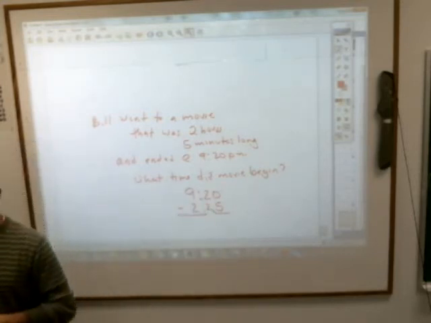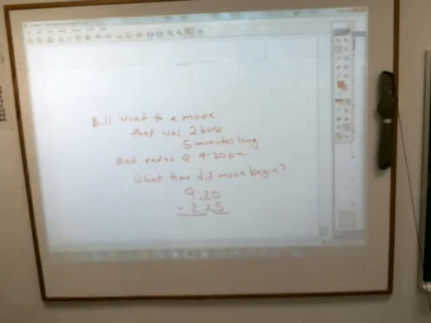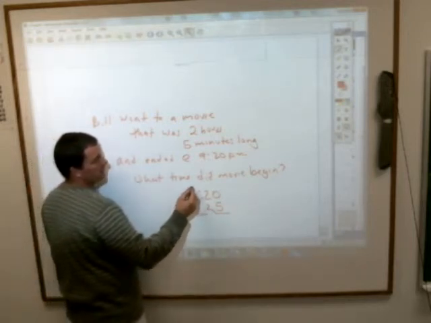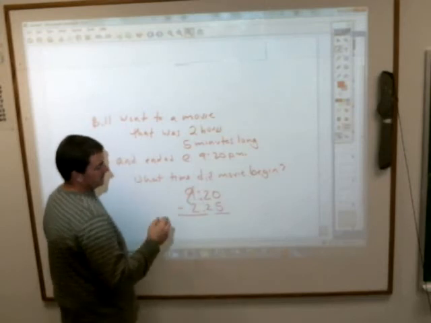So just like in normal subtraction, what do I have to do? You have to borrow. But the problem with time is it's not in tens. It's not like money where 10 dimes make up a dollar. You have to borrow from this 9, which is hours, right? It becomes an 8.